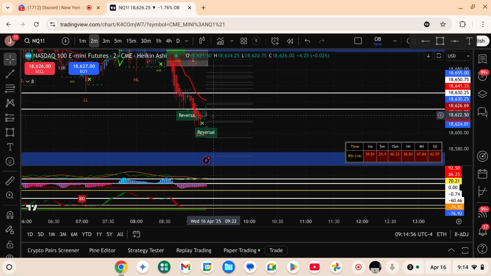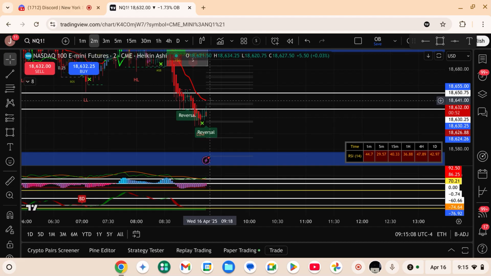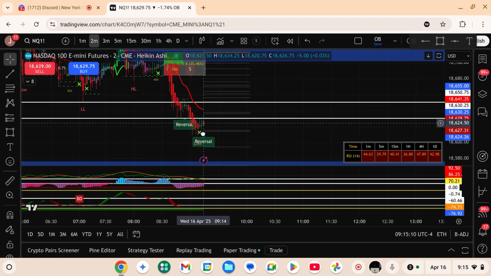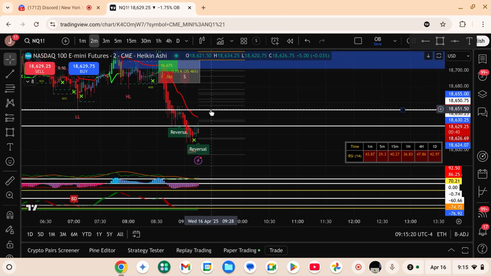So if we can get above here and close bullish, I'll wait for this VWAP to flip green, and then we'll take longs, and we'll target this liquidity up here. Because if it breaks this, that's going to be a decent run up.